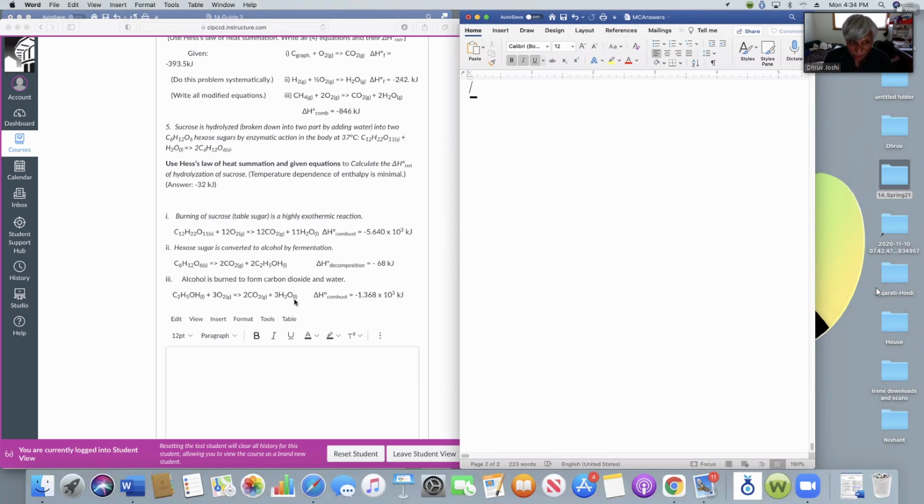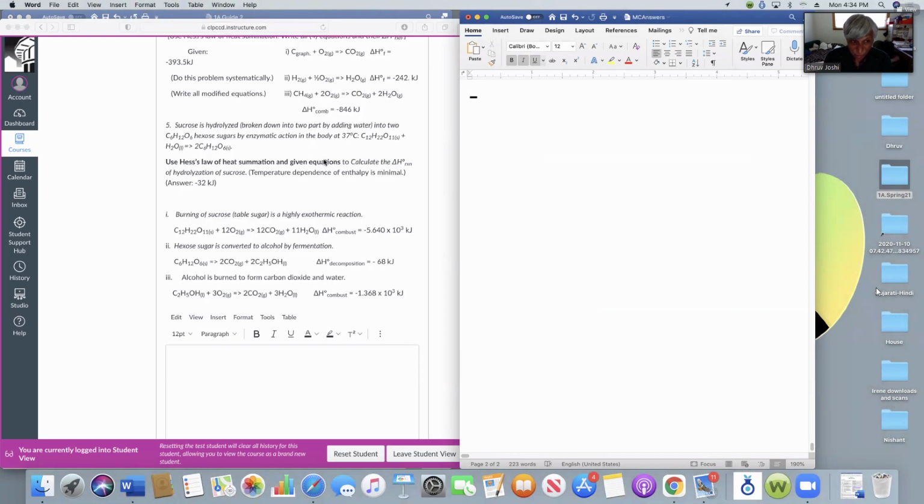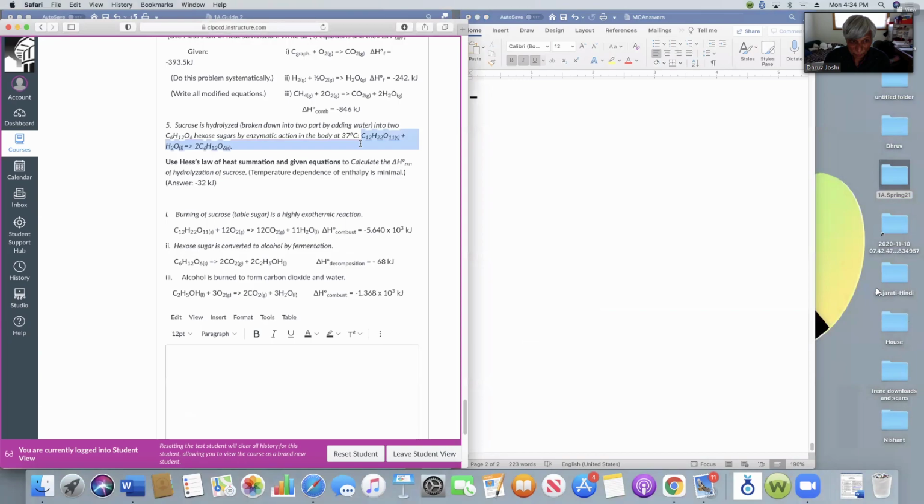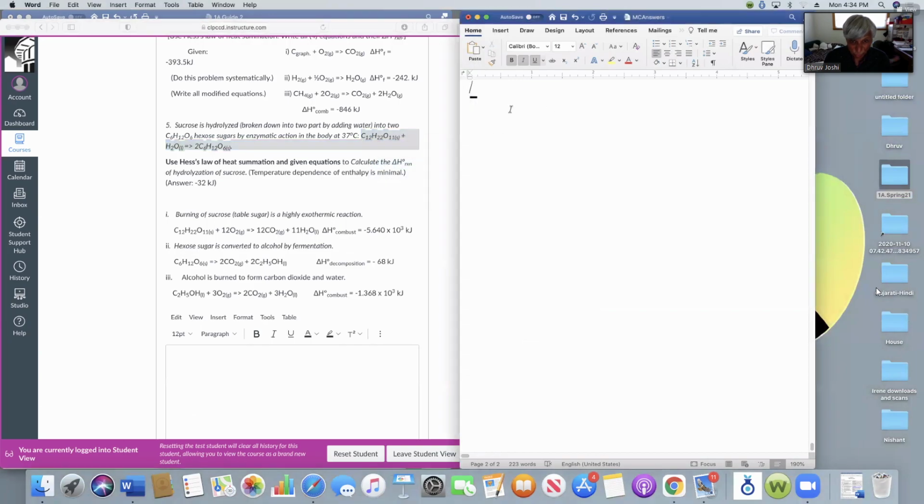And these 3 reactions are given, and then you are supposed to calculate delta H reaction of hydrolyzation. This reaction is called hydrolyzation. This happens in the body at 37 degrees Celsius, which is very close to 25 degrees Celsius.